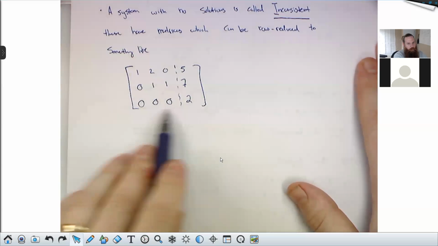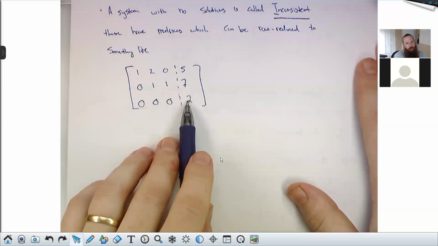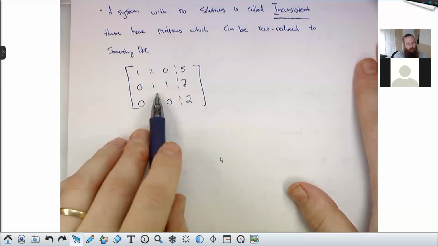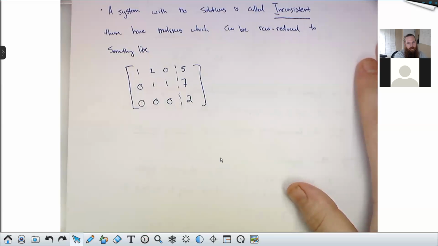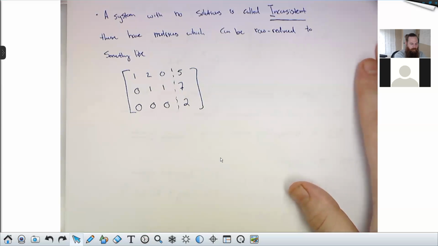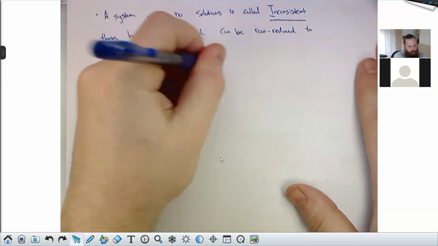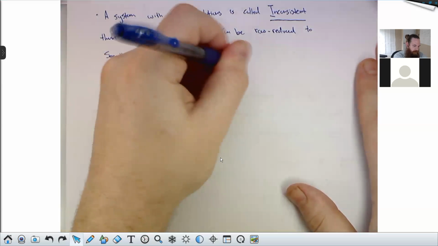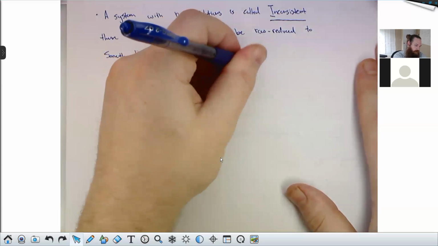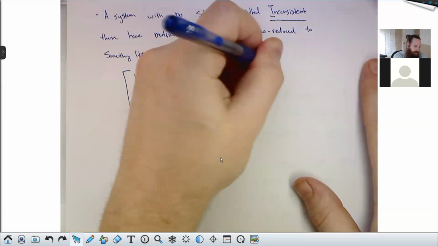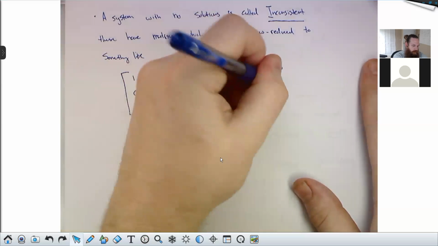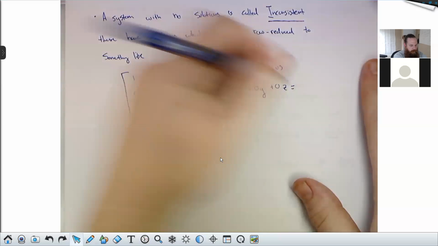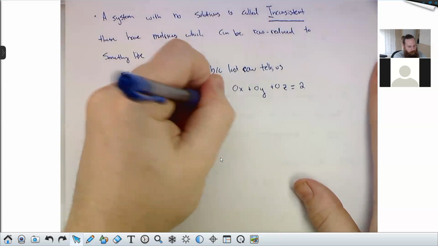So if you've got a row of all zeros here, but then a non-zero thing here, when you put it into that upper triangular form, then this is inconsistent. Because the last row tells us that 0x plus 0y plus 0z should be equal to 2, which is impossible.